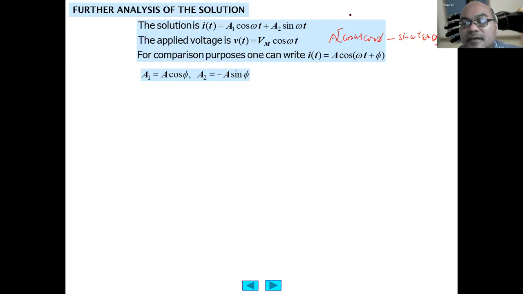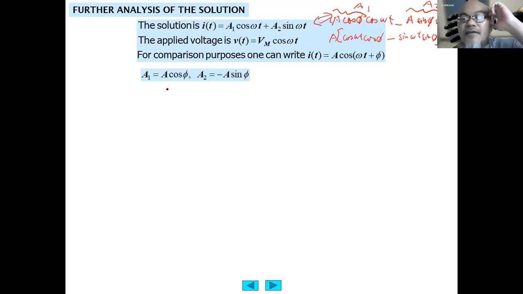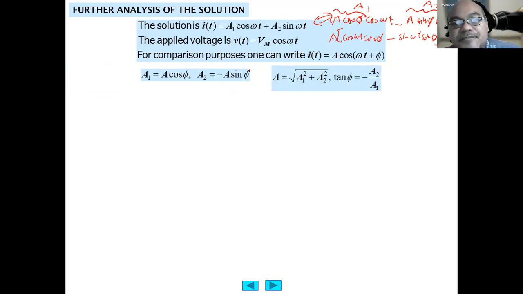Okay, so re-expressing again, this becomes A cos phi cosine omega t minus A sin phi sin omega t. So this term becomes A1, this term becomes A2. If we go to this solution, A1 equals to A cosine phi, A2 equals to negative A sine phi.